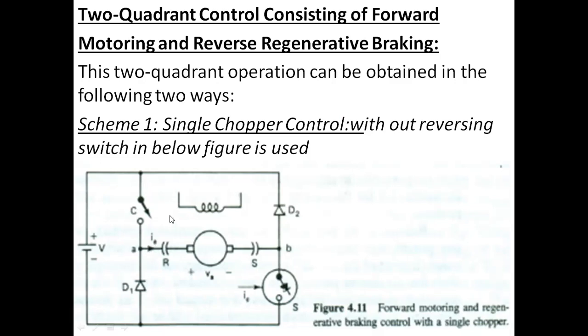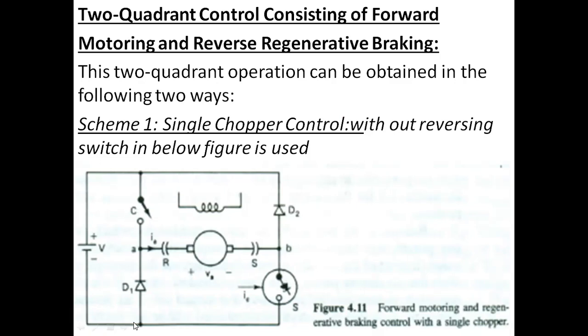And now when C is opened, S is controlled and regenerative braking is obtained. So when C is closed, we get forward motoring, and when C is opened, we get regenerative braking. This is for scheme 1.